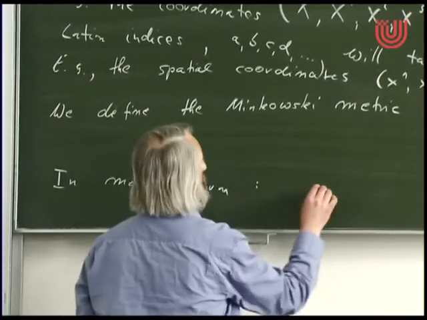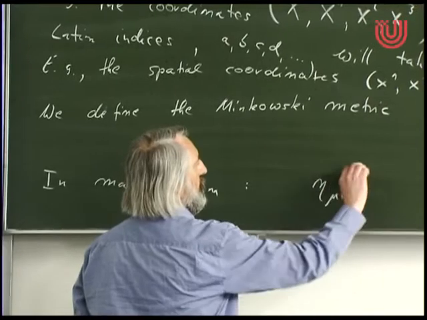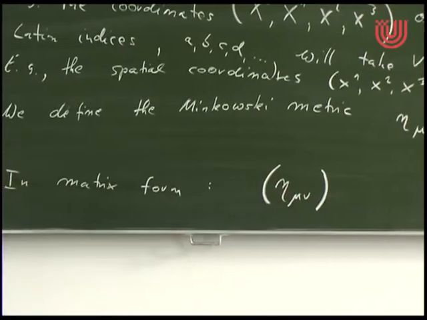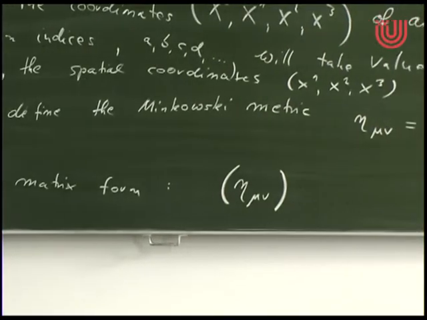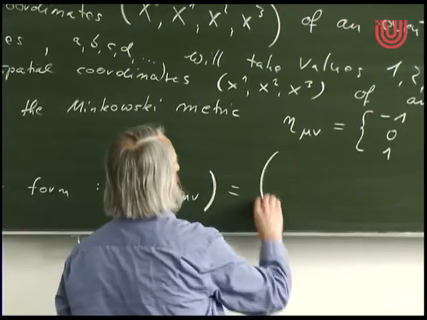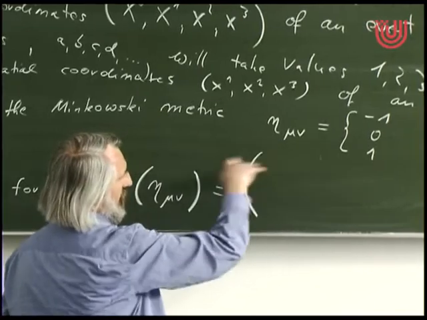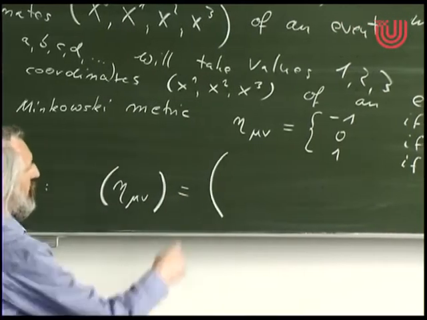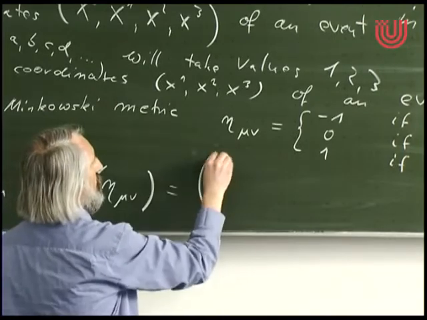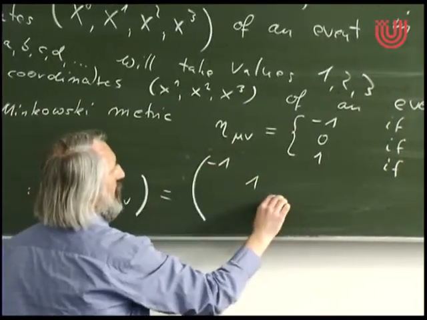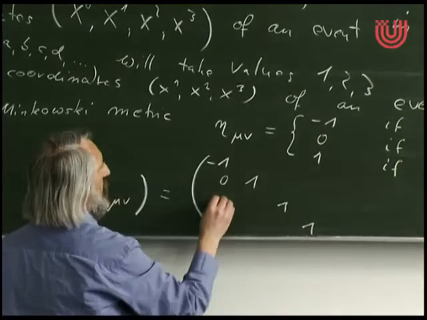So in matrix form, we could write eta mu nu as a matrix. By this bracket, I mean the matrix with the components eta mu nu. If I label the rows and the columns of the matrix in the order 0, 1, 2, 3, then I have here a -1. Here I have three times a +1, and everything else is 0.